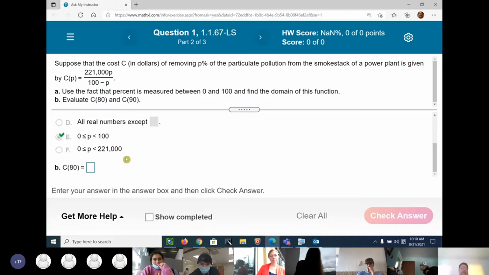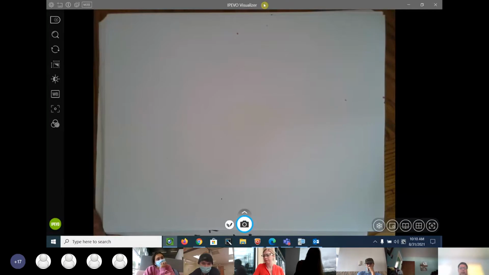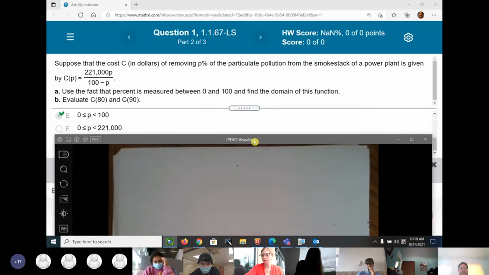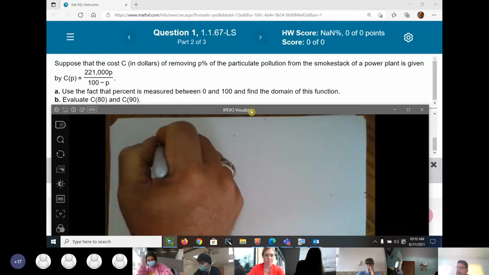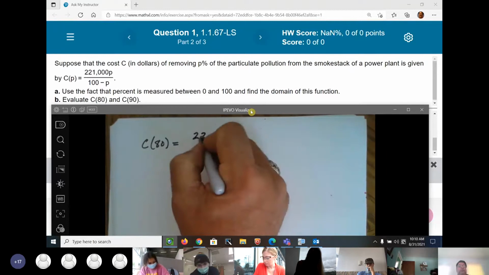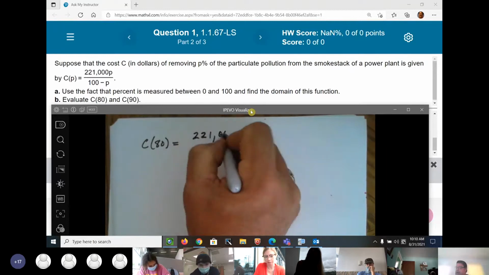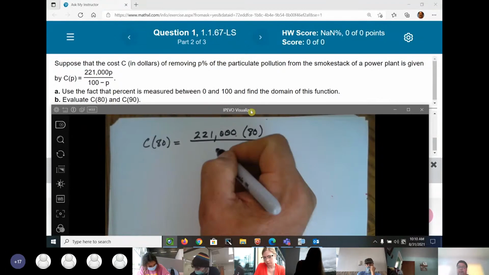In C of 80, we plug in 80, so C of 80 is equal to 221,000 times 80 divided by 100 minus 80.